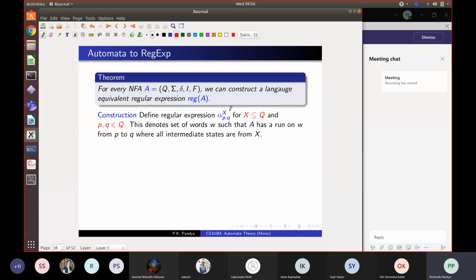If we can define this expression for smaller X's, then we can construct the expression for larger X's. So again, we will compose smaller terms like this into bigger terms. That is the method.